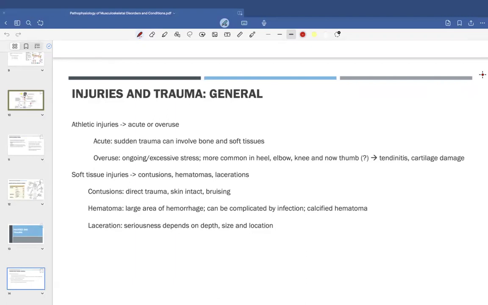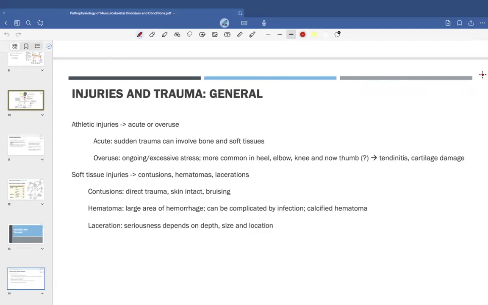The fathers who haven't played sports in a year go out on Thanksgiving morning and get up this big flag football game. And if you're working the ER, they all come in, and you've got all kinds of injuries. So it can be acute, it can be overuse.